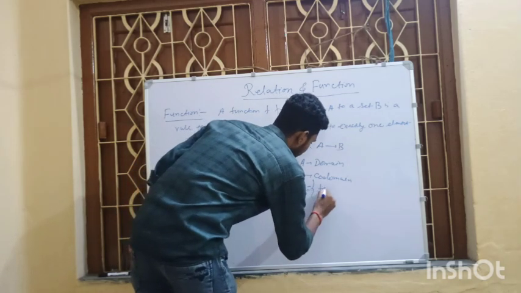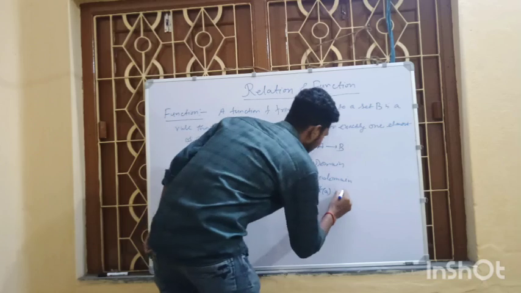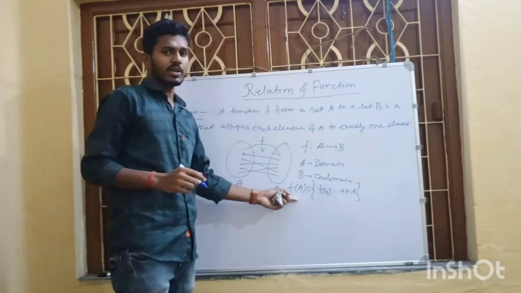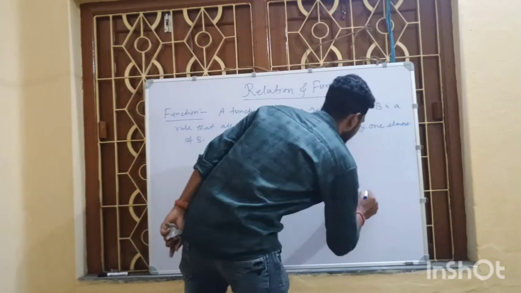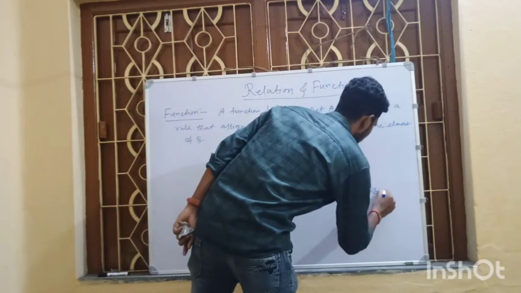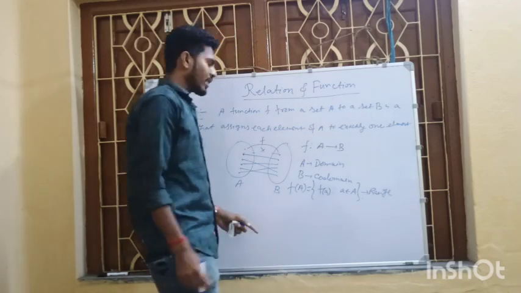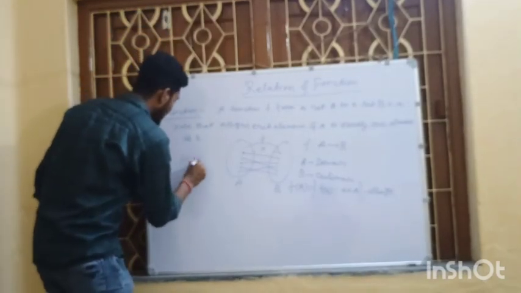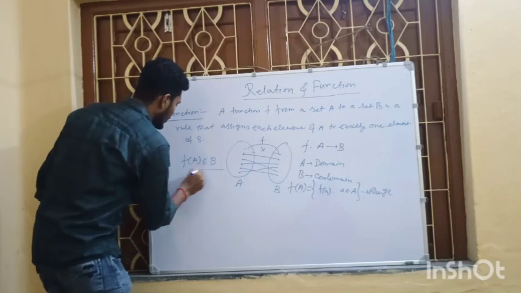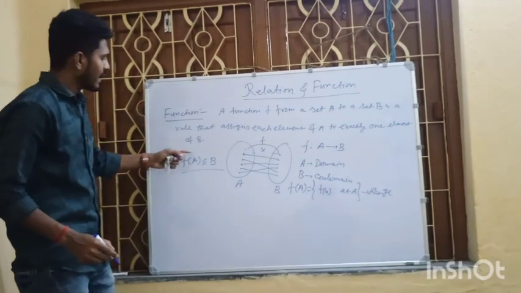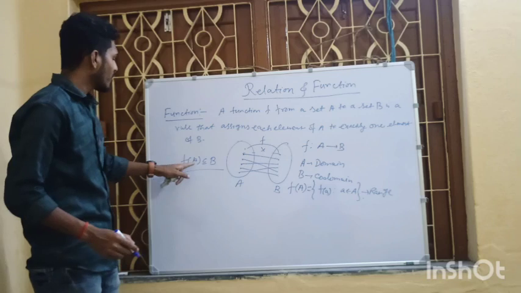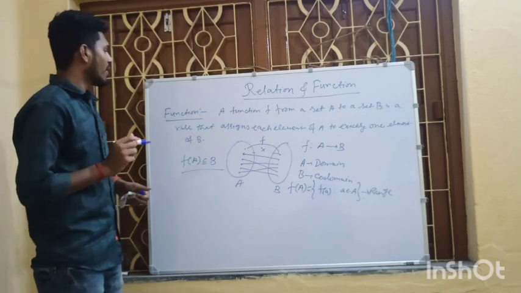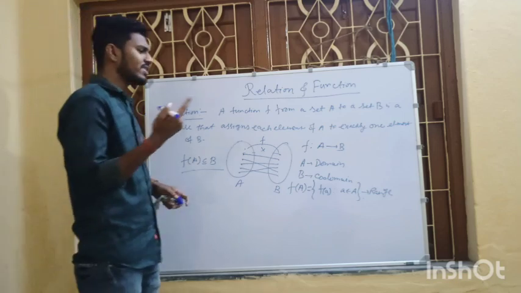This is the set of f(a) such that a belongs to capital A, and this f(A) is called the range set of this function. That should always be a subset of our codomain set. This is your range set and this is your codomain set, and f(A) is always a subset of our codomain set.